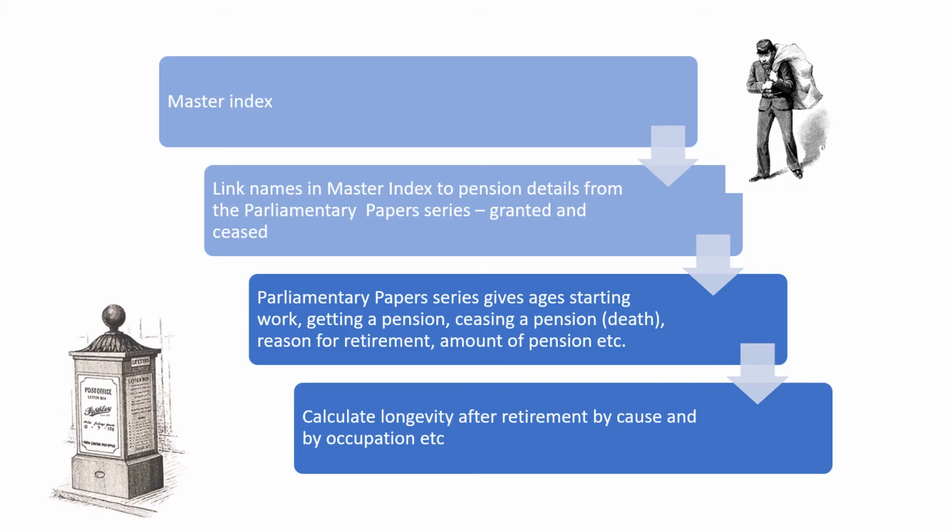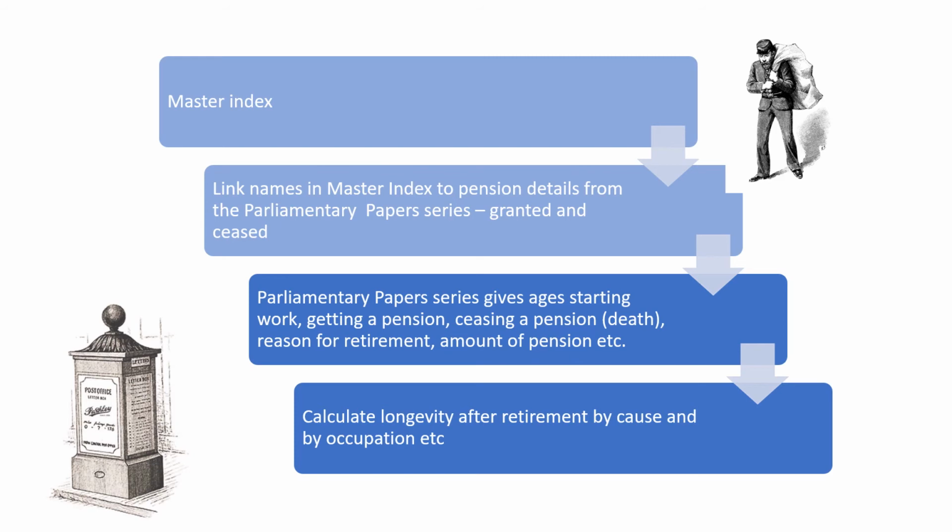And so once we have the parliamentary papers linked to the handwritten index, we can begin to look at things like longevity after retirement. So how long did someone who retired from the post office survive? And did those who were sick survive longer or shorter periods? And how did that change over time? And did it vary by occupation?